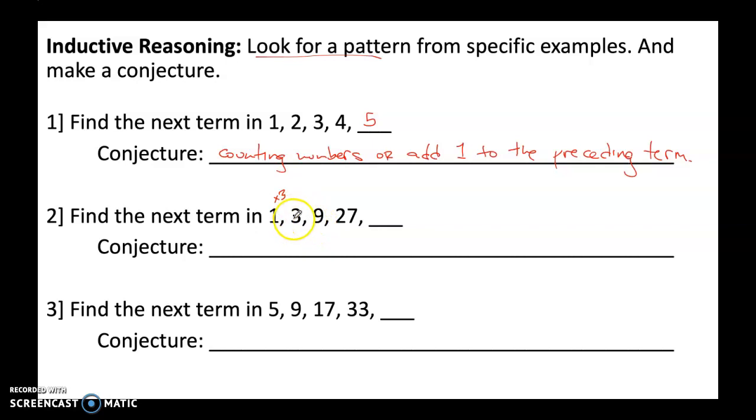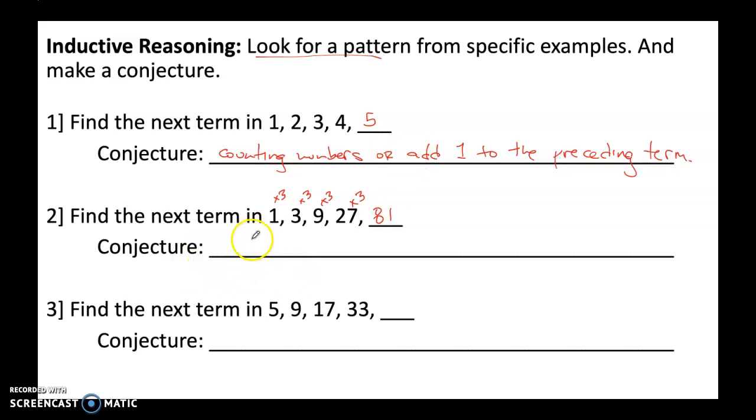Let's try 3: 3 times 3, we get the next term, 9. If we multiply 9 by 3, we get 27. Therefore, to get the next term, we multiply 27 by 3. 27 times 3 is equal to 81.